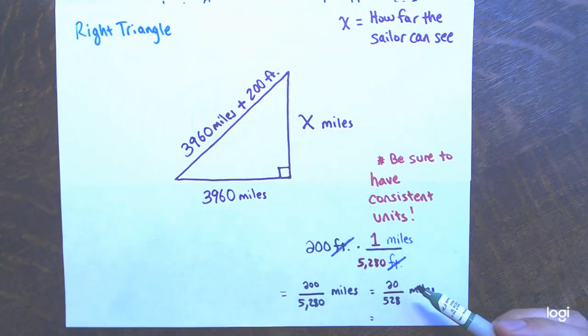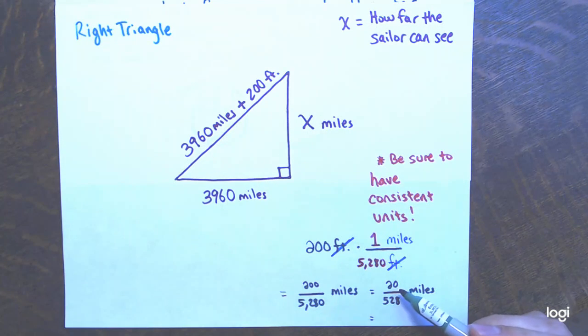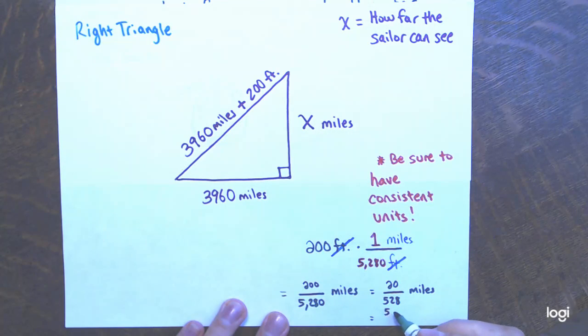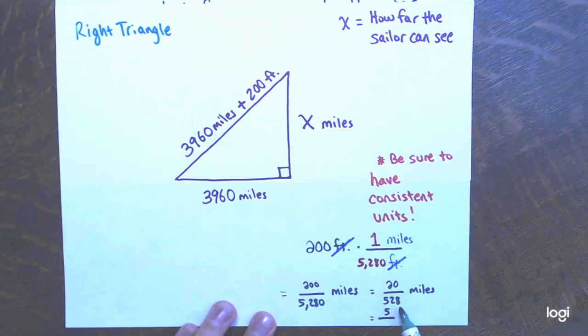But also, they're both even, these numbers, 20 and 528. So 2 goes into them evenly. In fact, 4 will go into these evenly. This is 4 times 5, so I'd have 5 left over when I divide out the 4. And 4 goes into this 132 times.